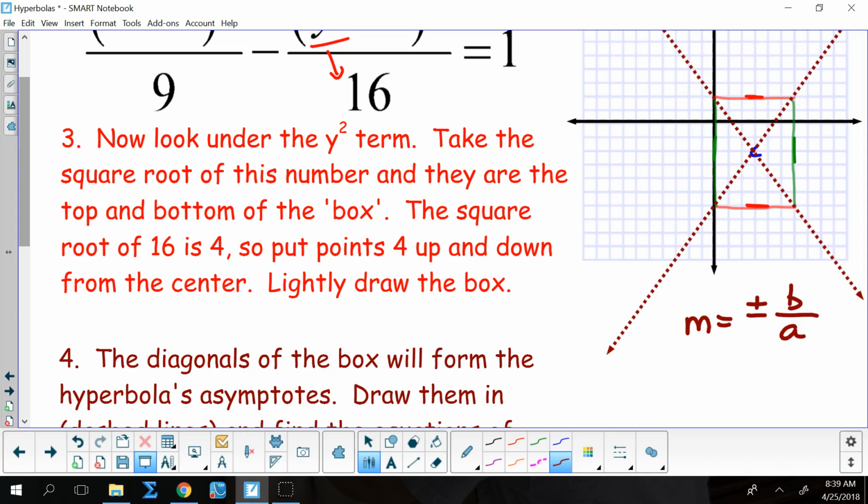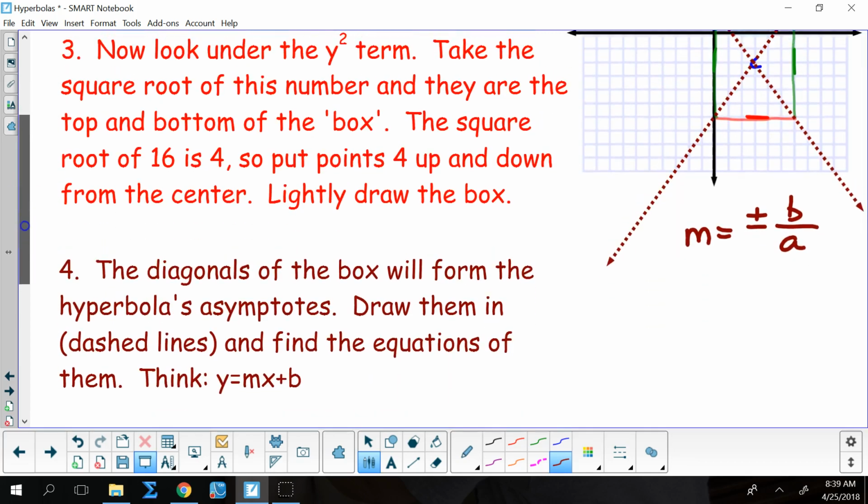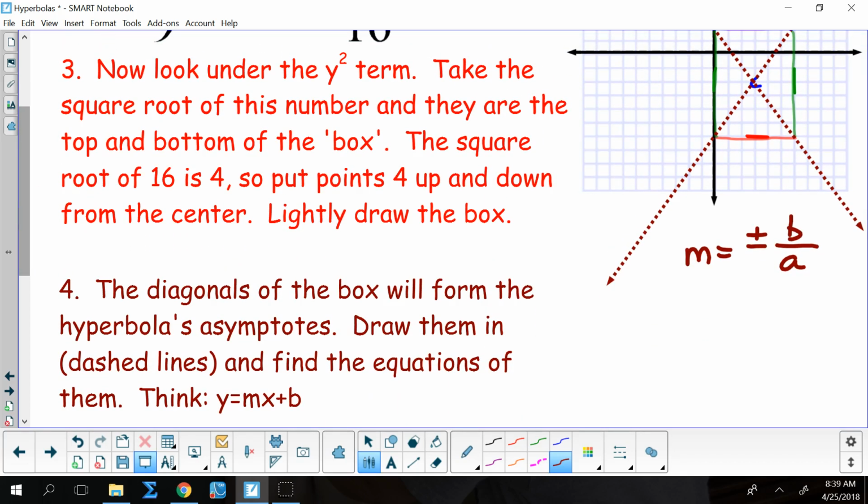So I can go right to the fact that the equation of the first line is y equals positive 4 over 3 x. That's the slope. My positive slope is this one right here. That gives me a y-intercept of negative 6. So that would be y equals positive 4/3 x minus 6.